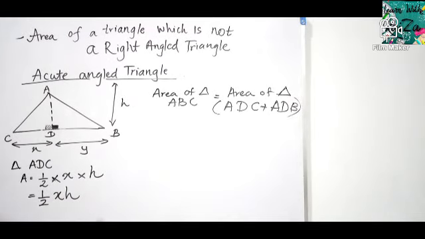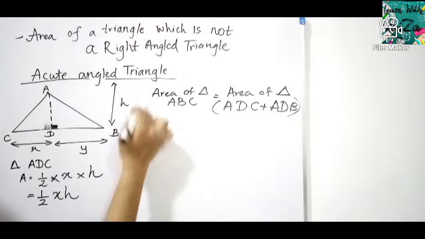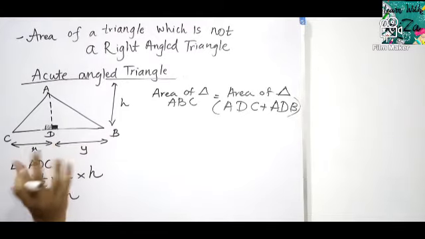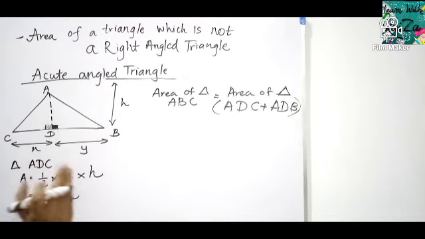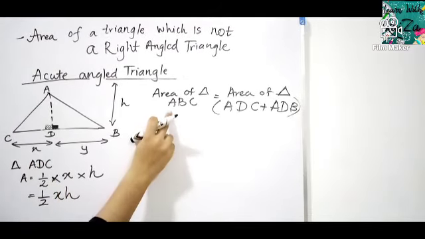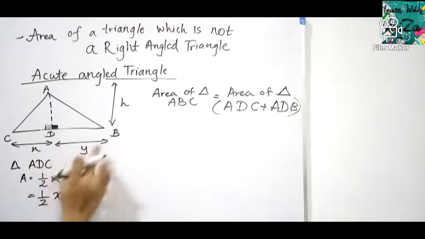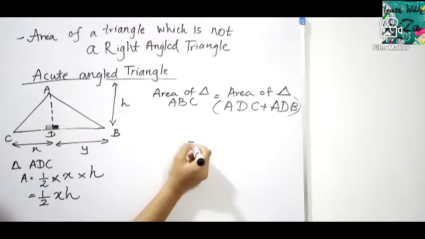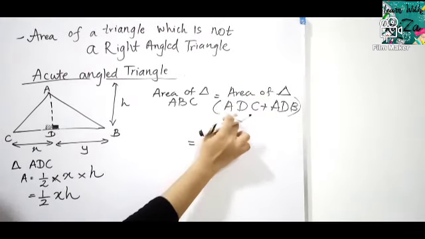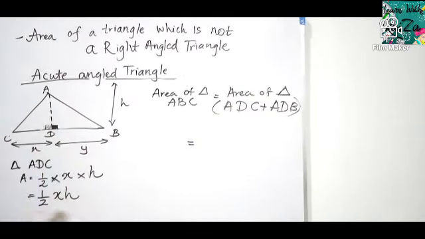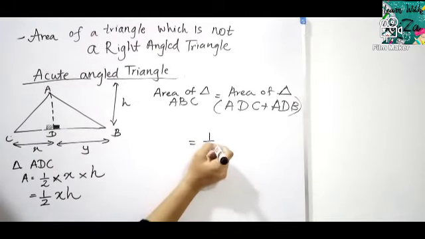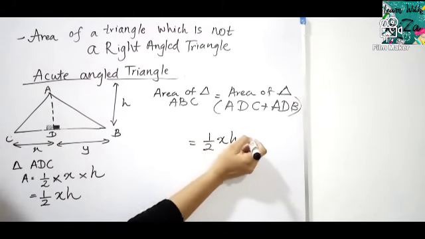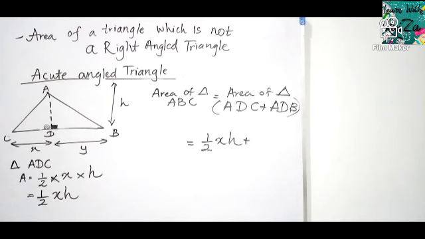Now we need to form the formula to find the area of triangle ABC, the acute angle triangle here. So I am putting an equal mark. Area of triangle ADC, this one, is half x h, plus the area of triangle ADB.